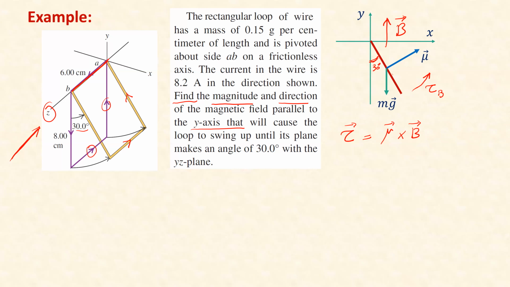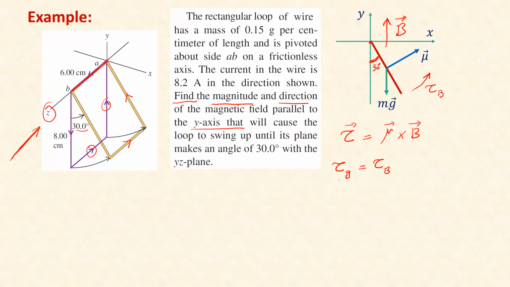As I mentioned, at this angle of 30 degrees, the torque of the gravity and torque of magnetic field cancel each other. So the loop will be in equilibrium. So what is the torque of each one of these? What is torque of gravity? So torque due to gravity should have the same magnitude as torque due to magnetic field.